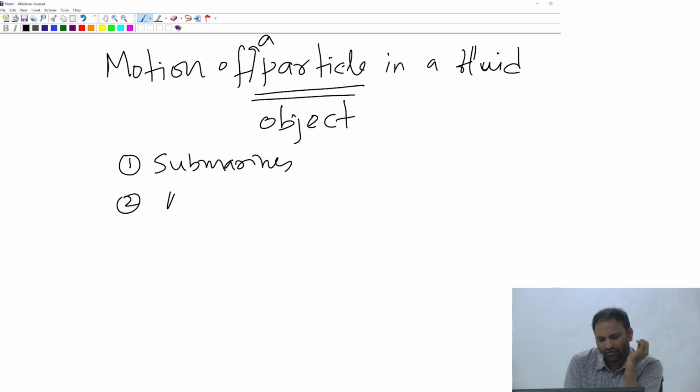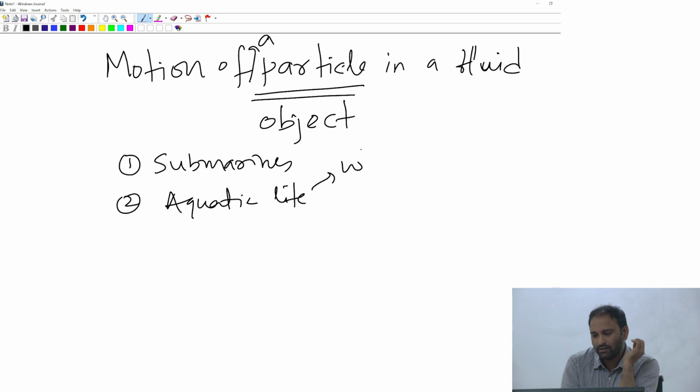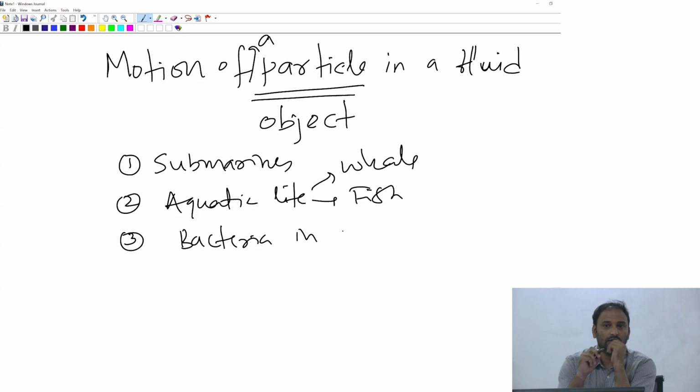A lot of aquatic life, it could be a whale, it could be a fish, or it could be any other thing. You also come across motion of bacteria in a fluid. Plus, if somebody is interested in swimming, you can think about swimming of people in a fluid. So there are a lot of instances where motion of an object or a particle comes into the picture.